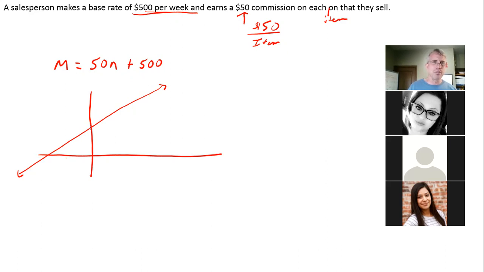Find and interpret the intercept. Well, I know what this intercept is. It's 0 items. This is what you make if you don't sell anything. 0 items, $500. There's the intercept with units. Interpret it. If the salesperson doesn't sell anything, they will make $500.